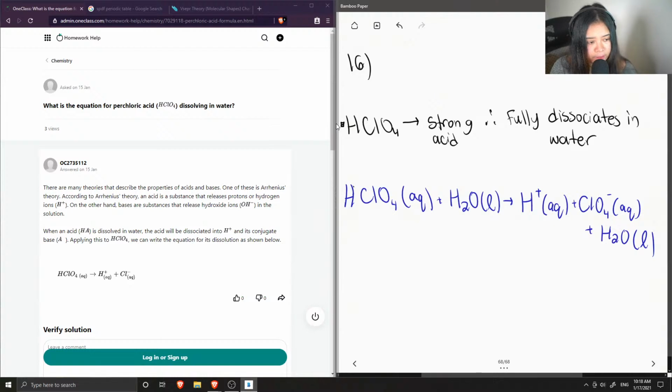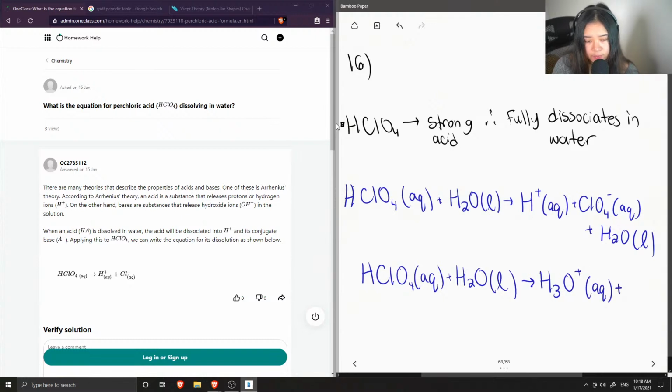And now we can also show the resulting reaction where the proton will react with the water and we end up with H3O+, which is the hydronium ion, plus ClO4-.